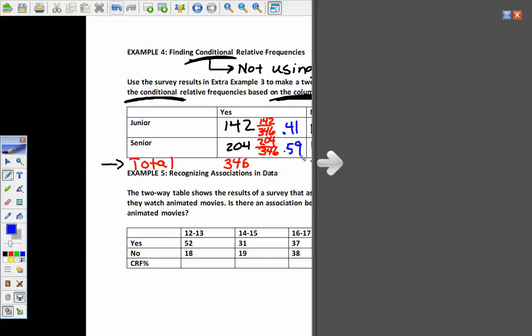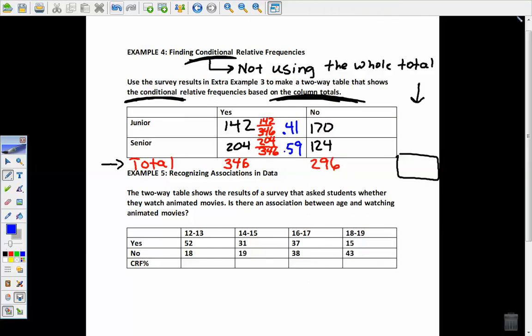Okay, let's talk about the ones that are no's right here. Now, instead of dividing by 346 for this column, you're going to take these values, 170 and 124, and divide by what? 296. So let's do that: 170 divided by 296. The condition here is that we're not going to college. So what percent of the people that are not going to college are juniors?